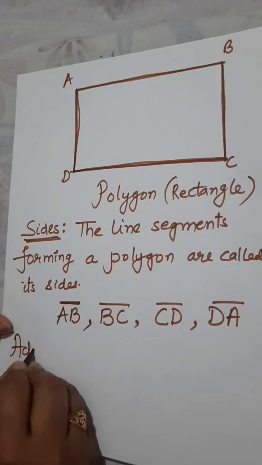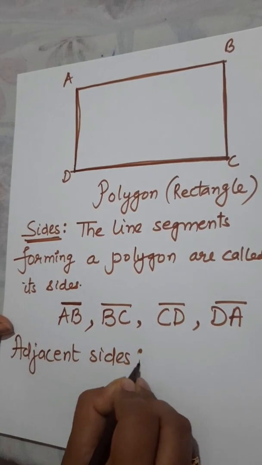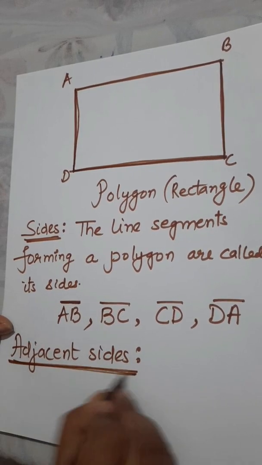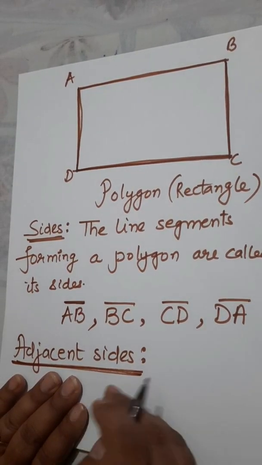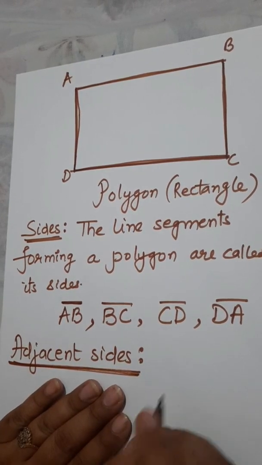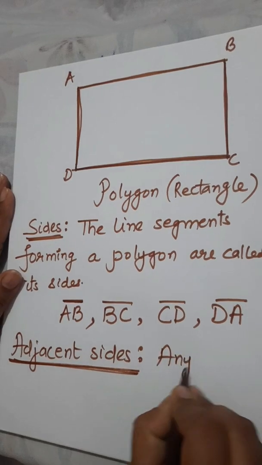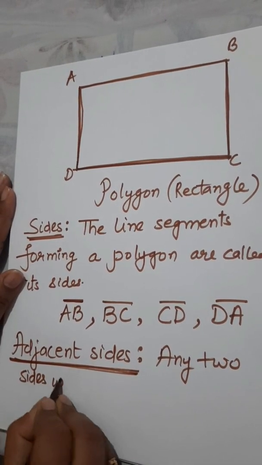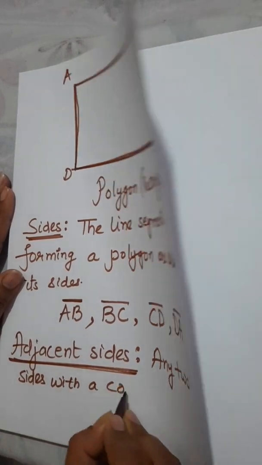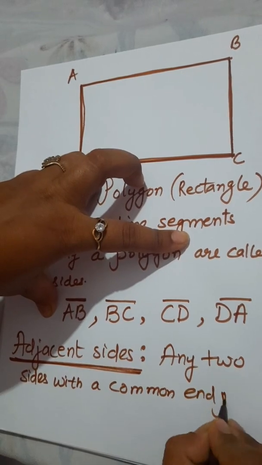Next is adjacent sides. Whenever the word adjacent is given to you, then you have to write any 2 sides with a common end point. We will write any 2 sides with a common end point.